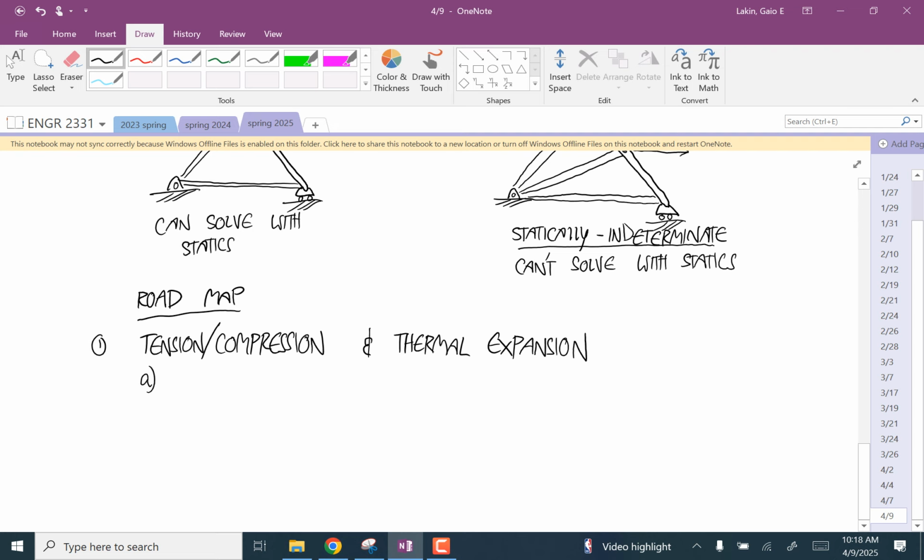We're going to start out by calculating displacements, just come up with how to do the calculation of the displacement of a point under deformation. And then once we've done that, we're going to apply it to statically indeterminate structures.